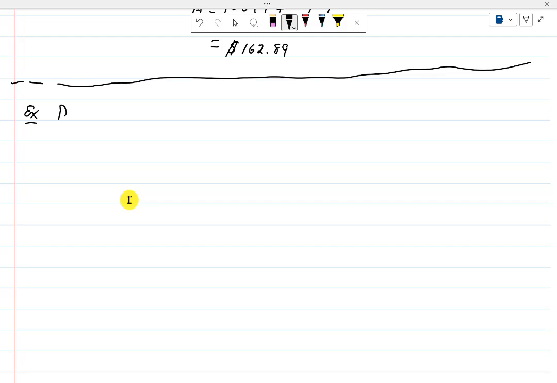Here we're going to do it again. We're going to deposit $100 into an account that pays 5% APR compounded quarterly.